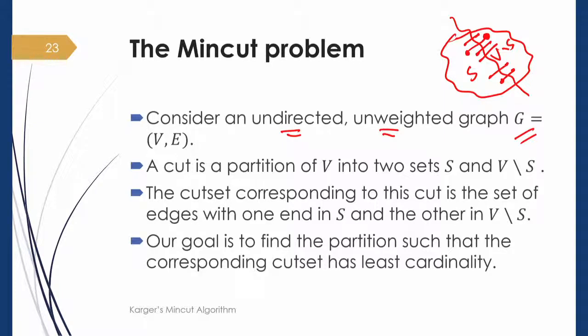Now, our goal is to find the partition, the cut, such that the corresponding cut set has least cardinality. And so, naturally, this is called the minimum cut or the min-cut problem.